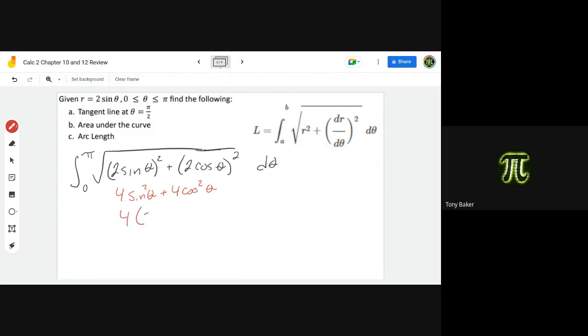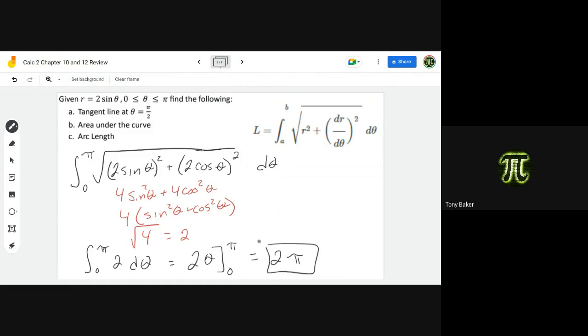So I have 4 times sine squared theta plus cosine squared theta, which is just 4. So the square root of 4 is 2. So this whole integral comes down to 2 d theta, which is 2 theta, which is 2 pi. Exactly what we should have done.